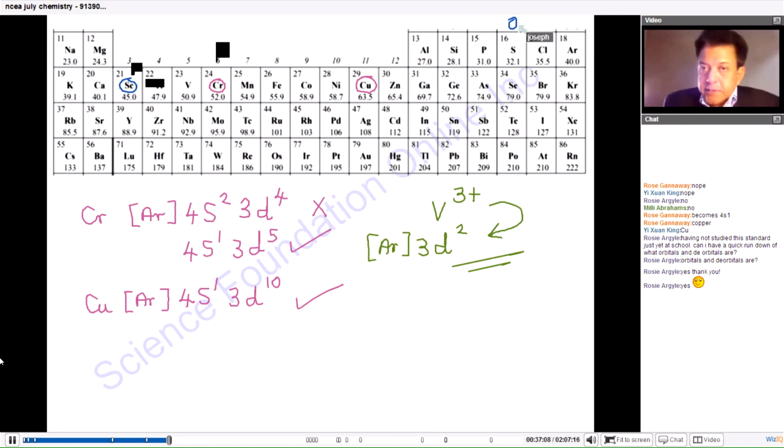So the nucleus, obviously positively charged, is able to exert a greater force of attraction to gain electrons into its outer shell, because the distance is very small.